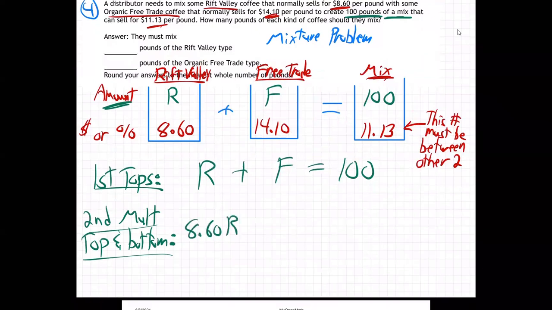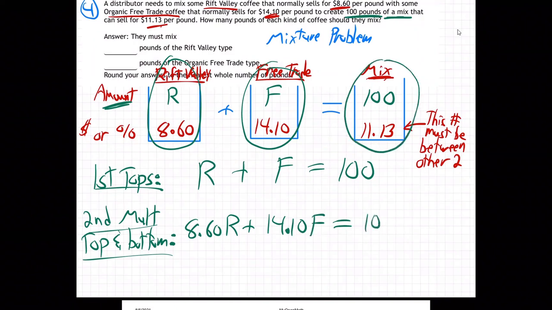So that's going to make it 8.60 R plus, so I multiply these two, 14.10 F equals, and then multiply these two, 100 times 11.13.